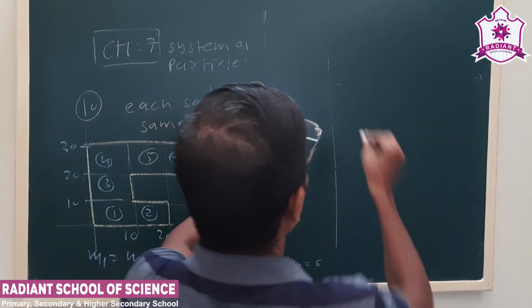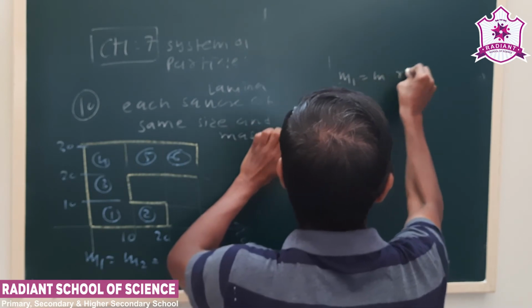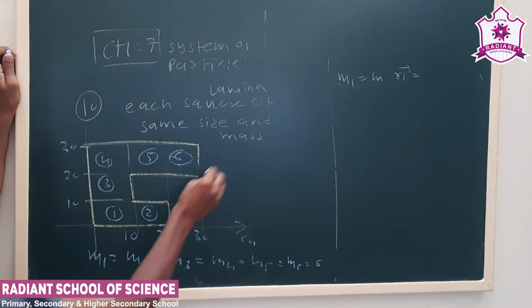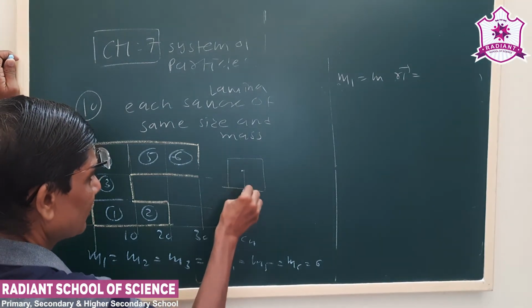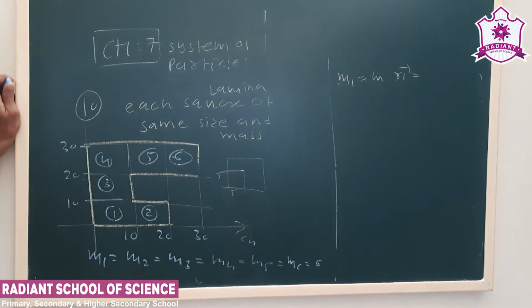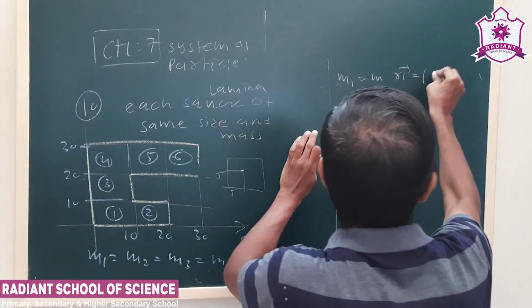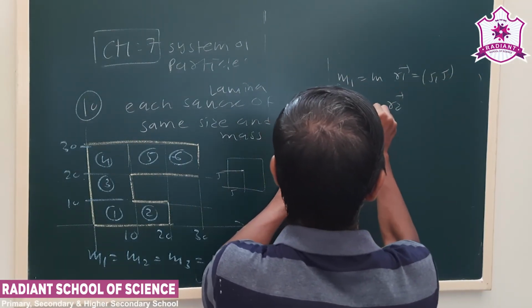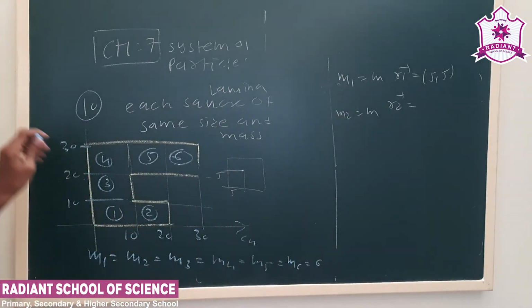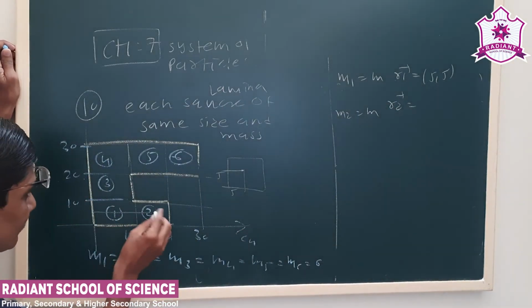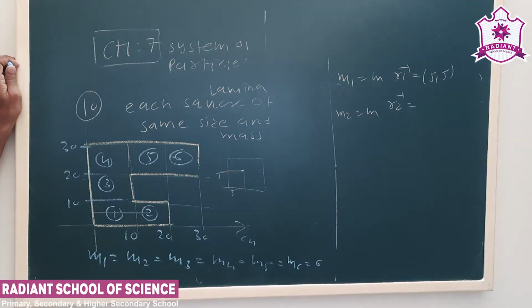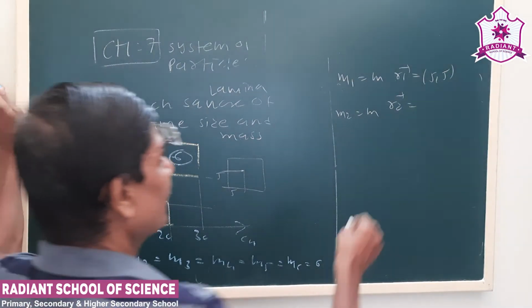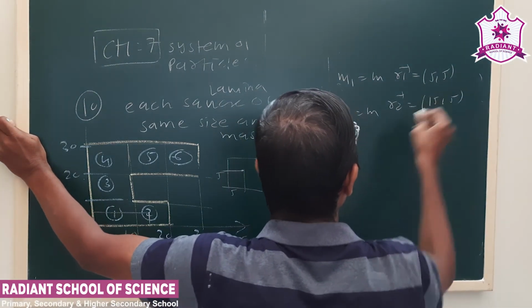Now M1 is M, R1: suppose a square of 10 centimeter, the center of mass is at the geometric center, so it will be (5, 5). R2, M2 also M. This length will be 5 centimeter, but 10 centimeter is already there, so it will be 10 plus 5. The y coordinate will remain the same. So R2 will be (15, 5).